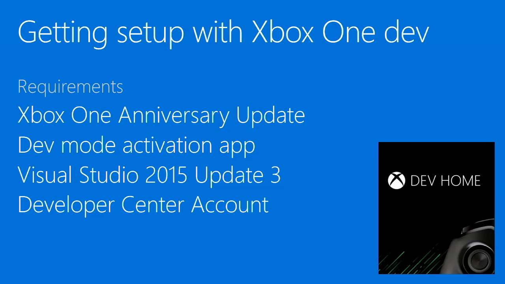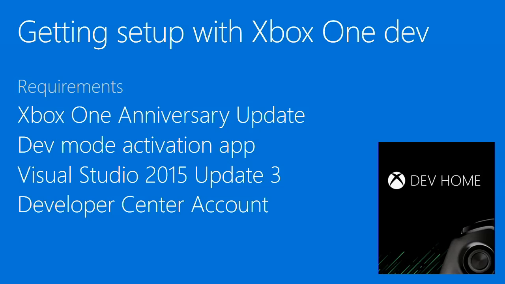All right, so let's take a look at how we get set up on the Xbox One. A couple of months ago, Microsoft released dev mode activation to all retail Xbox Ones running the anniversary update. So you can go to the store on your Xbox, download the dev mode activation app, and switch your console into dev mode.